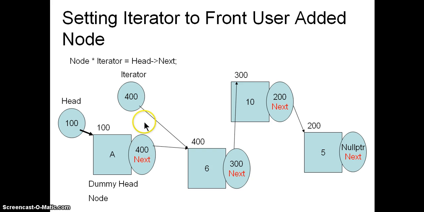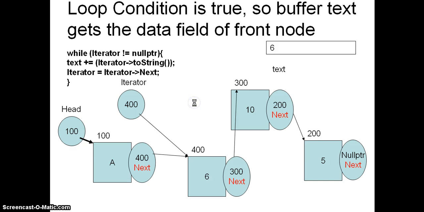If I say iterator should store 400, address 400, that is really saying that make iterator point to this node here. Okay, and that's exact same thing. So when this statement executes, iterator points to this node where next field is pointing to. Okay, so iterator is storing 400, which is not a nullptr. So loop condition is true. So we're gonna get into the loop.